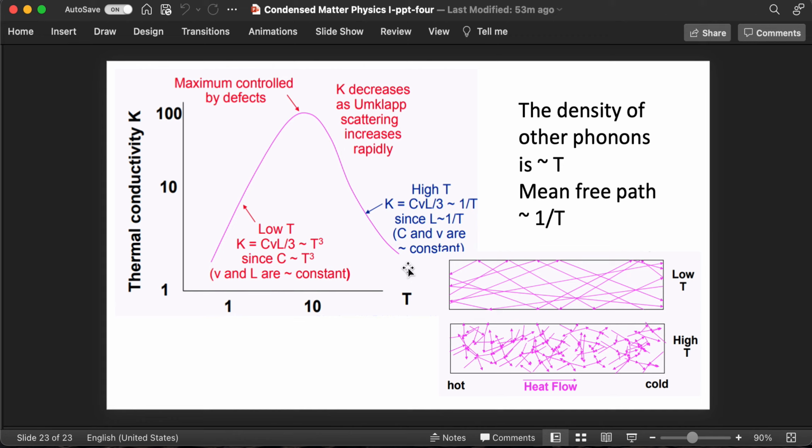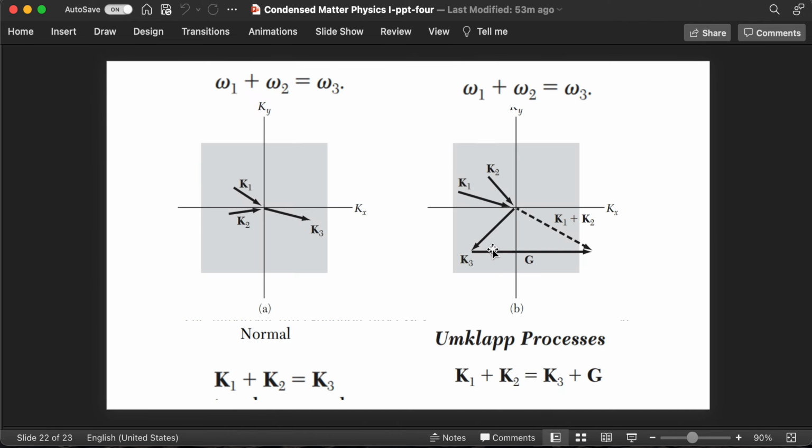Now this is the region where there is very strong Umklapp scattering. This is the process where there is a lot of inelastic scattering and the thermal conductivity is actually low. Now if you start decreasing the temperature, the Umklapp scattering comes down, because for Umklapp scattering the resultant wave vectors must be longer in length.